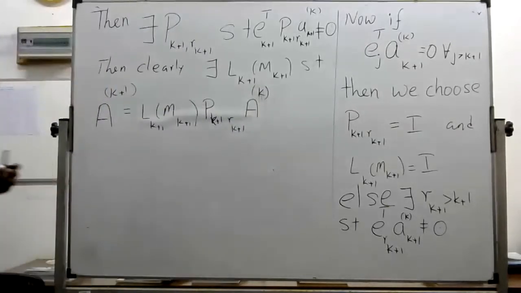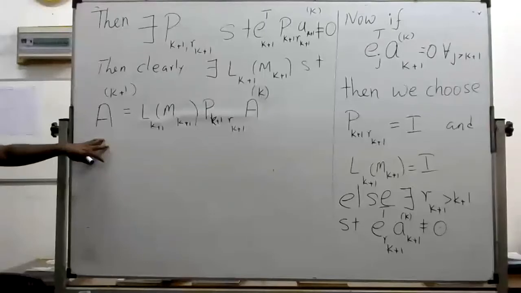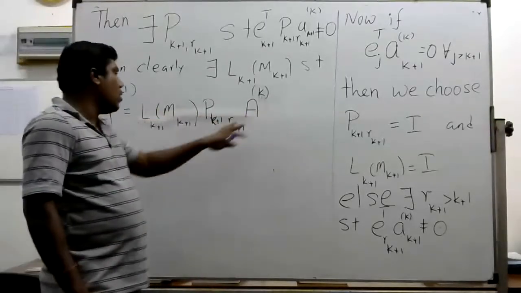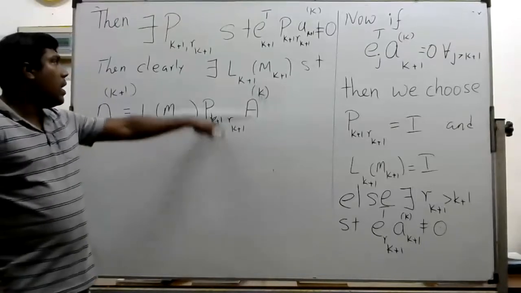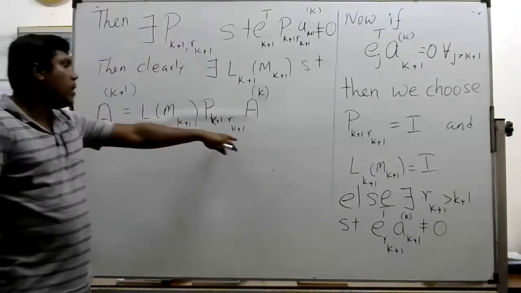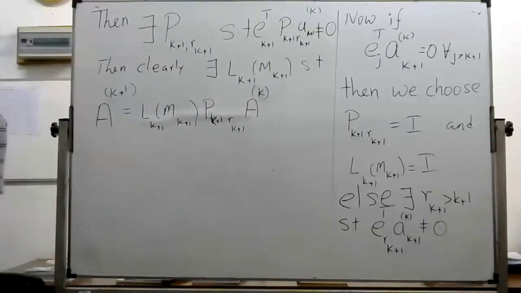you will have a matrix A k plus 1, which is the multiplication of L k plus 1, M k plus 1, with the elementary permutation matrix you found here, P k plus 1, R k plus 1, with AK, which is the previous matrix you have after doing k steps of elimination.